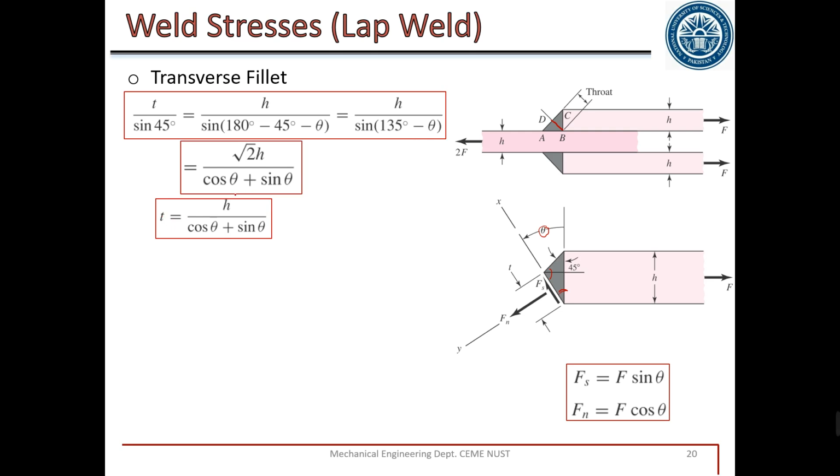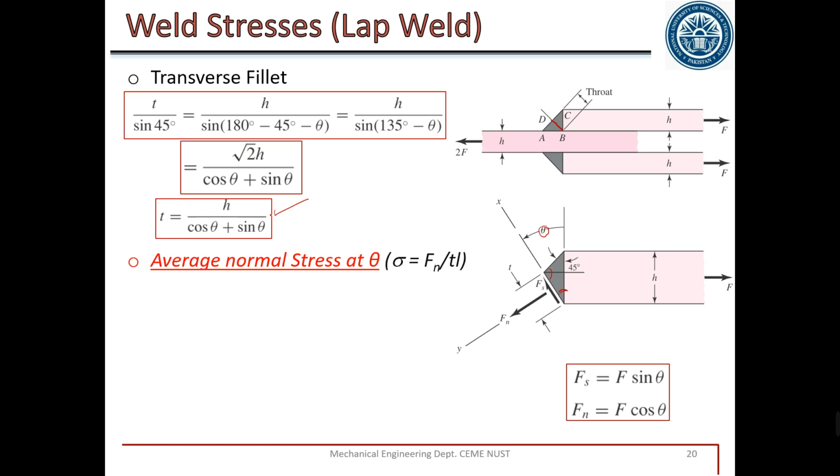We have t equal to h divided by cos theta plus sine theta. When theta is equal to 0, we come here, and cos 0 is 1, plus 0, so t becomes h. Similarly at 90 degrees, cos theta is 0, sin theta is 1, so again t is equal to h. So we have this very well written equation.